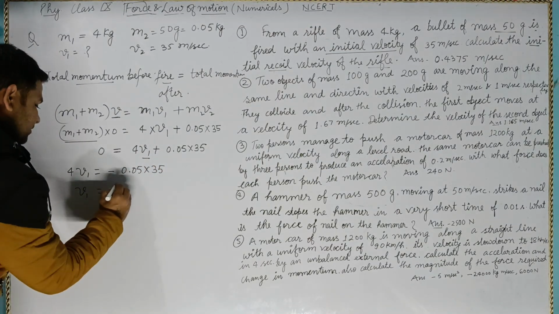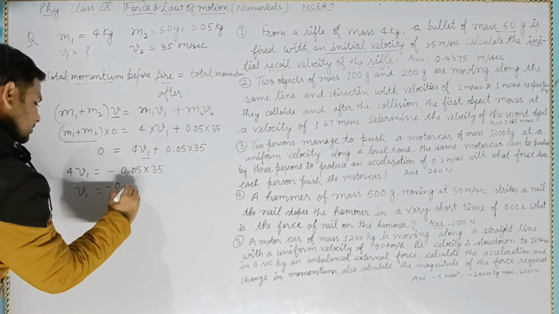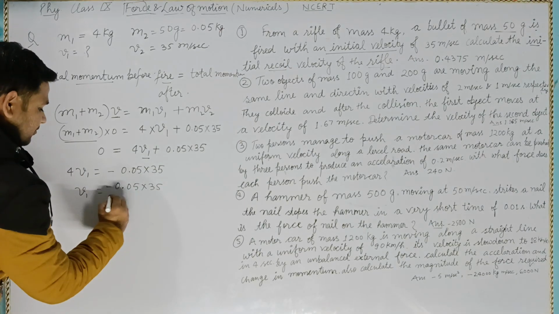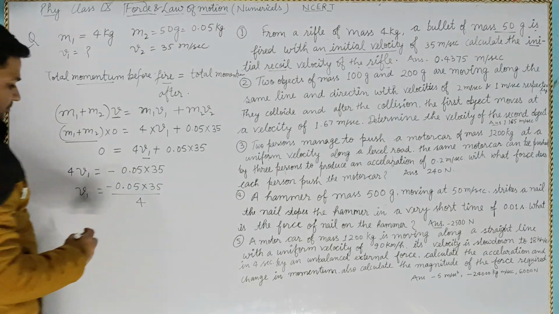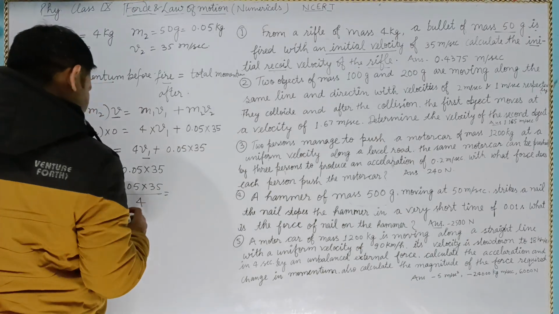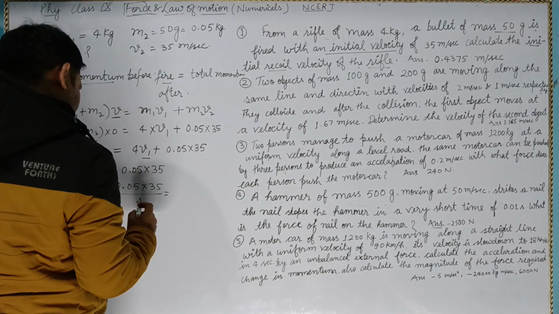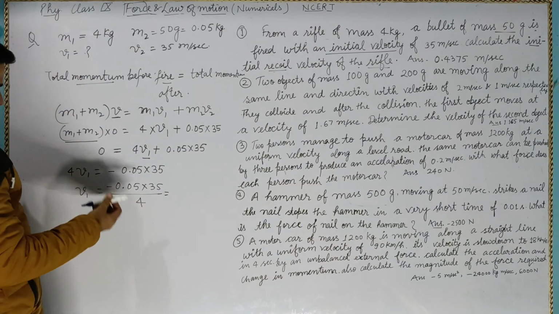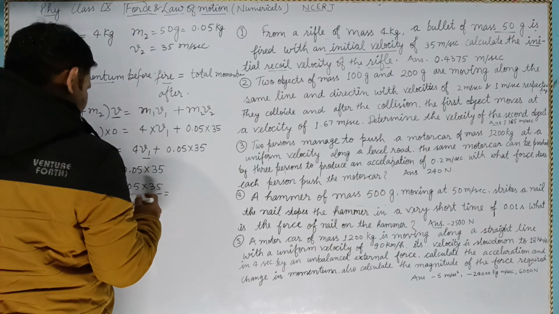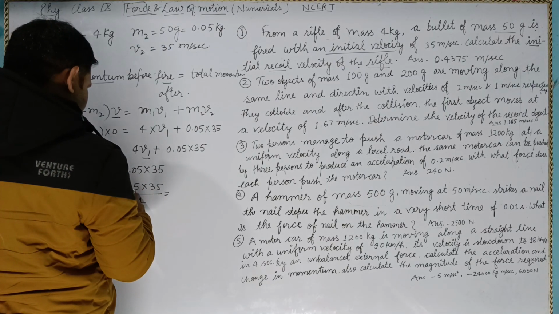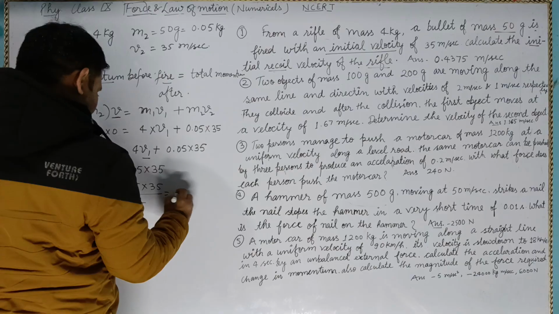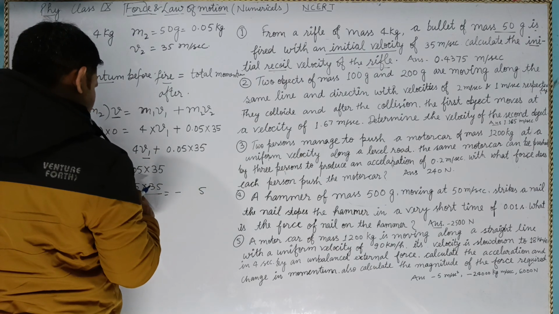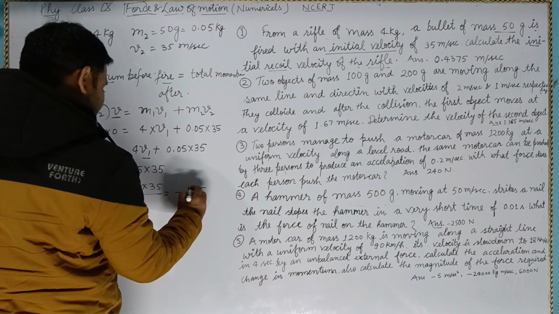V1 is equal to 0.05 into 35 upon 4, with the negative sign. We multiply: 5 times 5 is 25, carry 2, 5 times 3 is 15 plus 2 is 17.